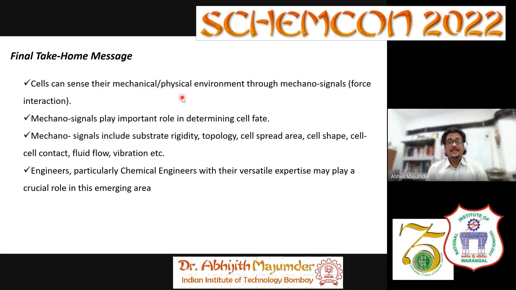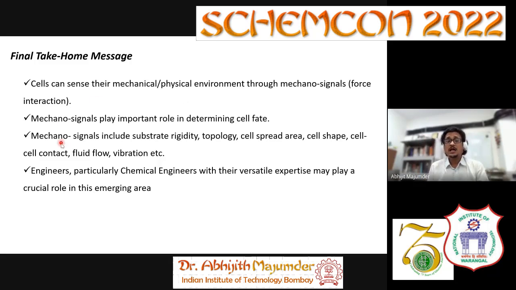So these mechanical signals have a lot of pathological implications in our body. To give you another example, in asthma and various lung diseases, lung tissue becomes stiffer, and as a result, the lung cannot expand properly.